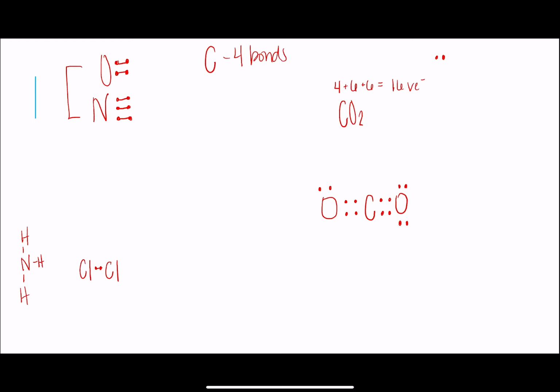So this is the correct Lewis structure for carbon dioxide, okay? I have 16 valence electrons here. 2, 4, 6, 8, 10, 12, 14, 16. 16 valence electrons, okay? This oxygen has 8 that touch it.